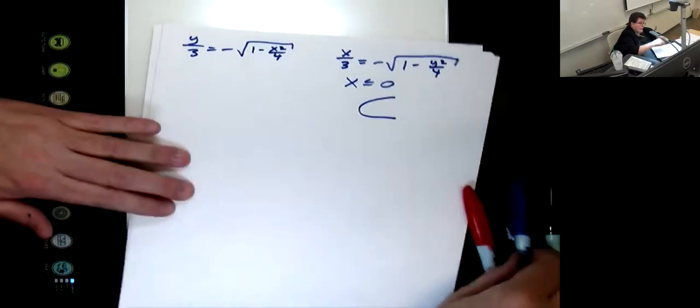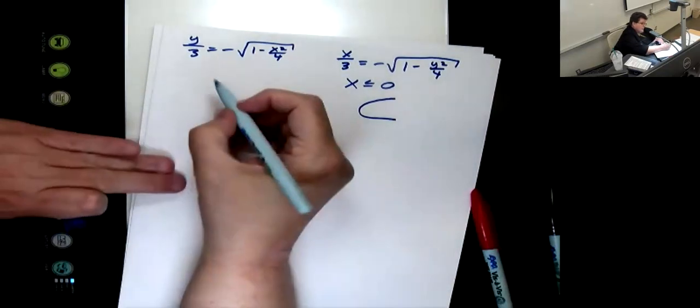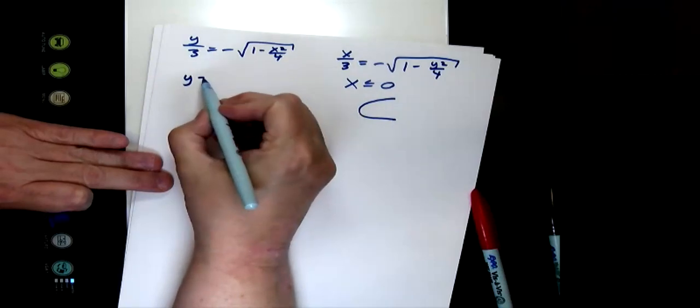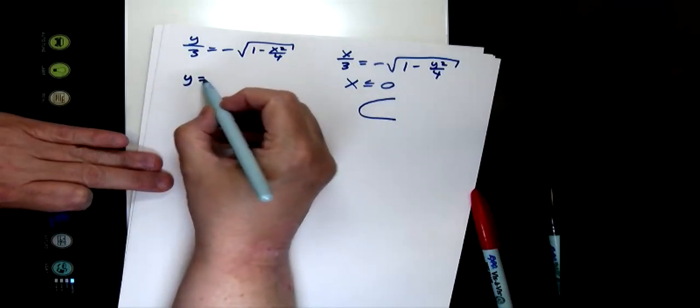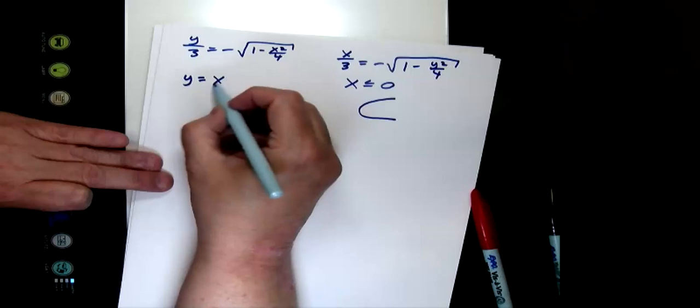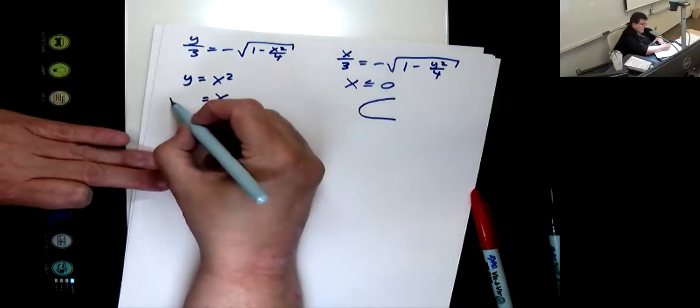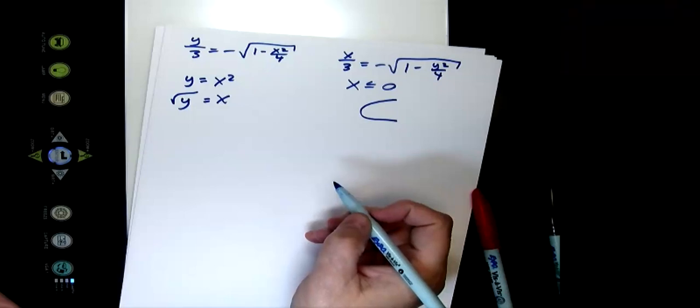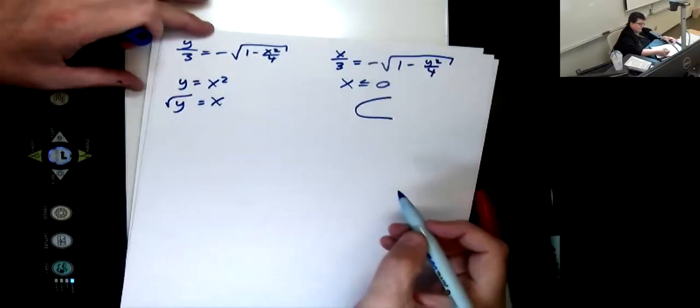Just like if you had y equals x squared or x equals square root of y. That's not a great example.